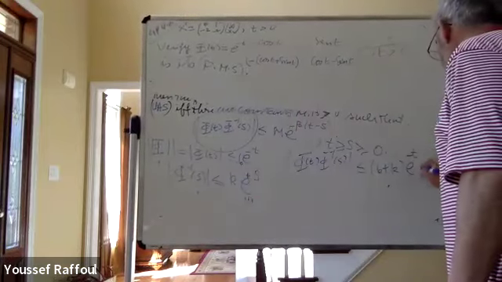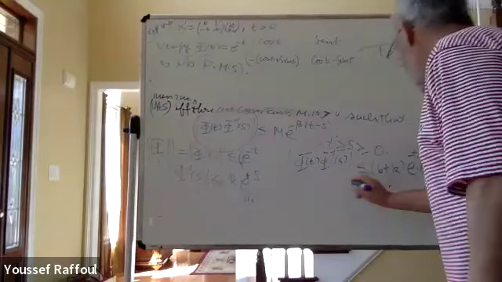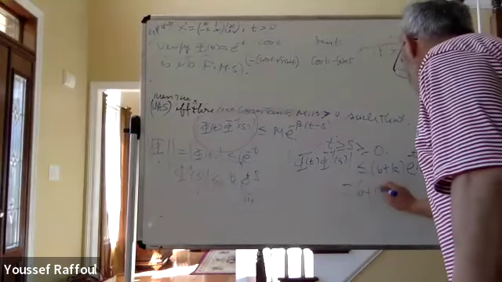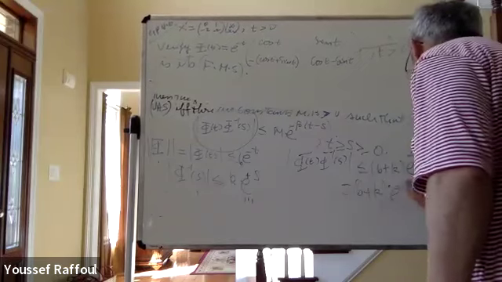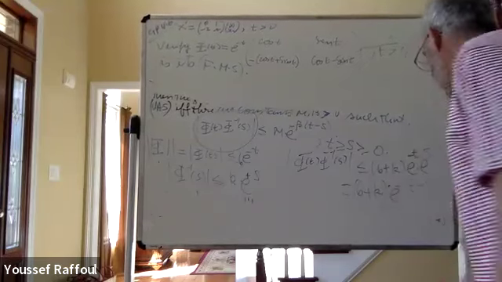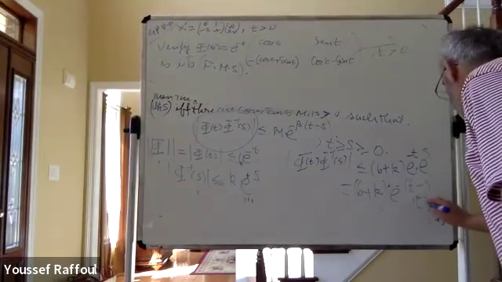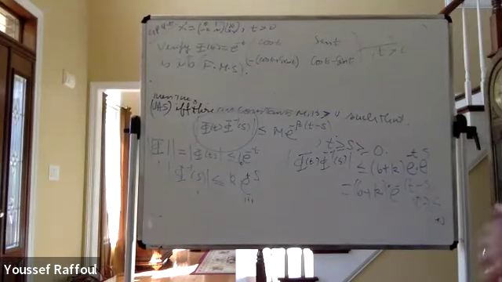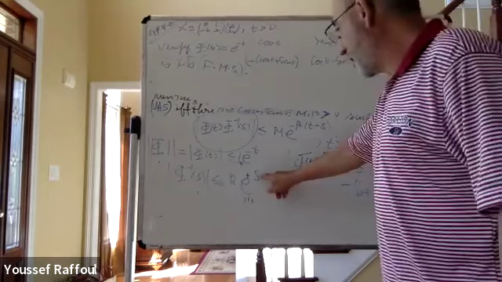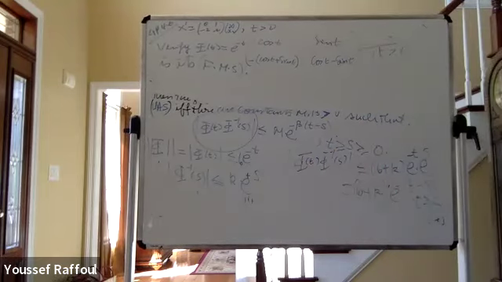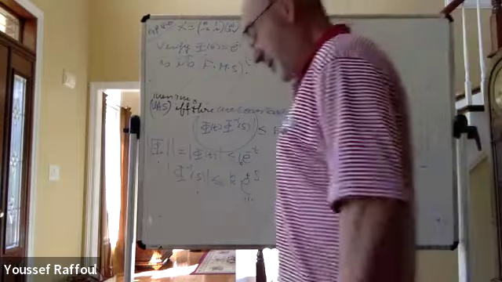E to the minus t times e to the s, which is 6 plus k e to the minus (t minus s), for t bigger or equal to s. Okay? This should be e to the s, because you're looking at the inverse, because it's one over the determinant.